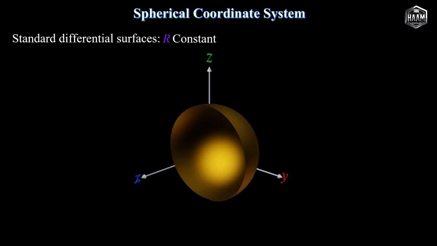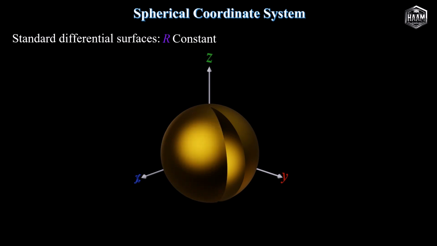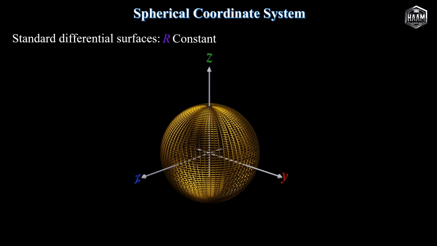Now rotating the semicircle a full turn about phi, a spherical shell is produced. So the spherical shell is a constant capital R surface. Here theta ranges from 0 to pi and phi ranges from 0 to 2 times pi, producing a complete spherical shell.